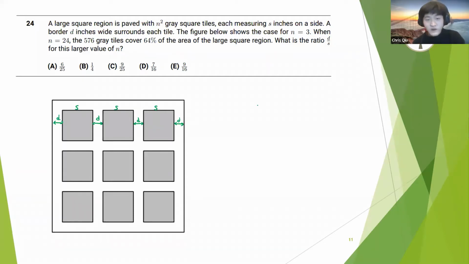So let's try to make this into an equation, since we have two variables, s and d. We want to find the ratio d over s.